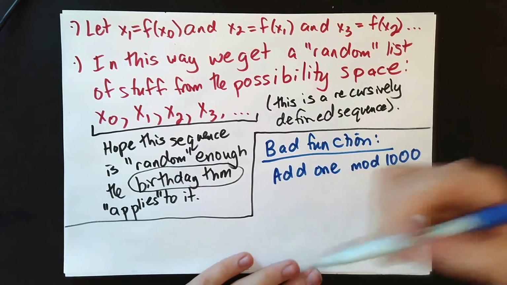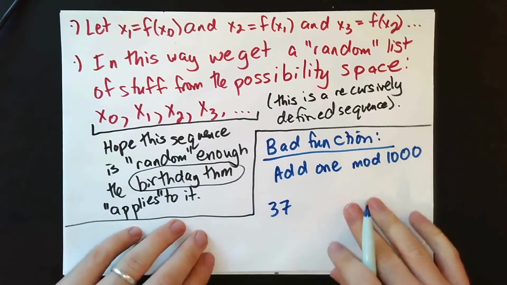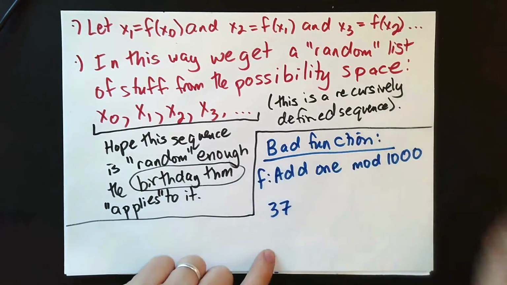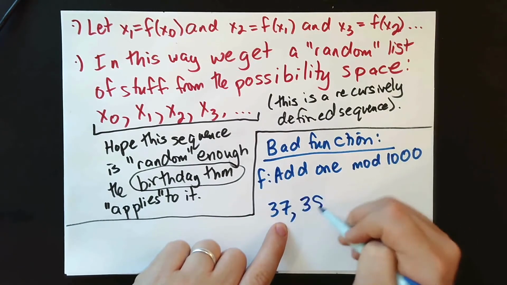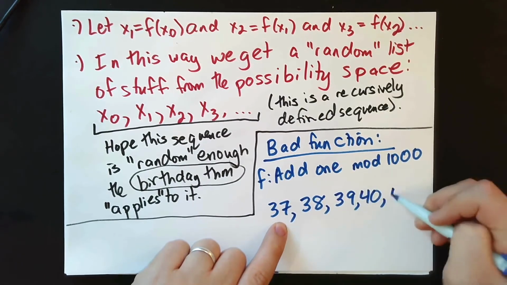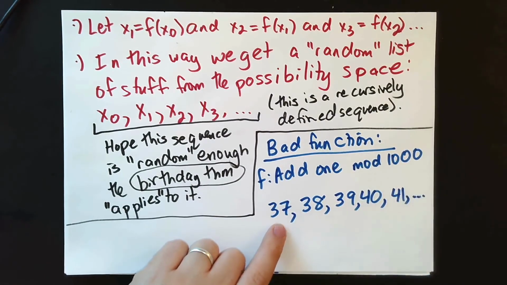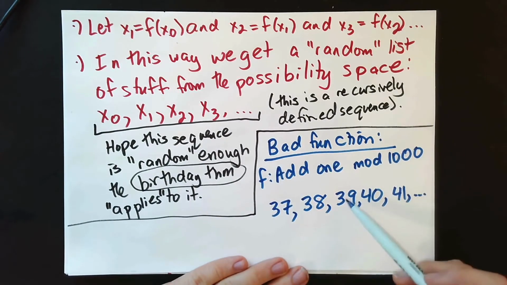And so you start at a random point, like let's say you start at 37. So if f is add 1 mod 1000, then I start at 37. Next I write down 38, 39, 40, and so on. Here I am just constantly applying the add 1 function to the previous thing.